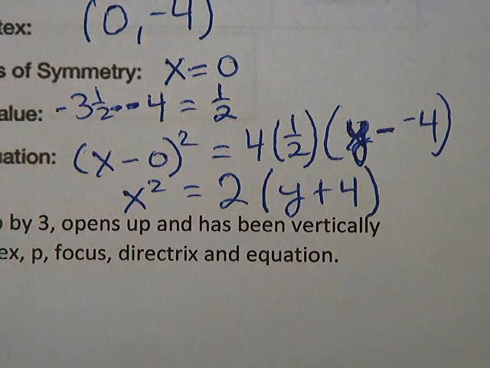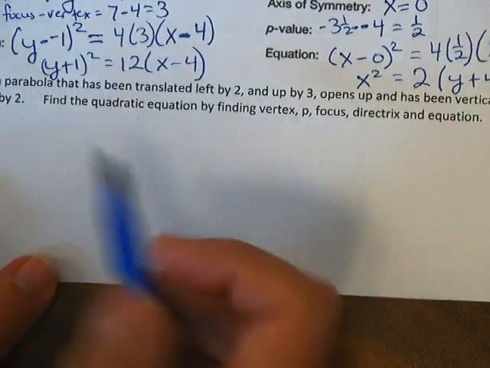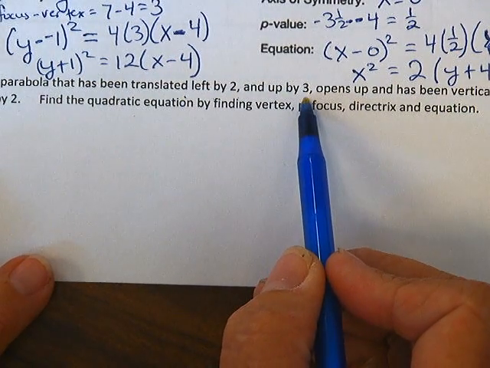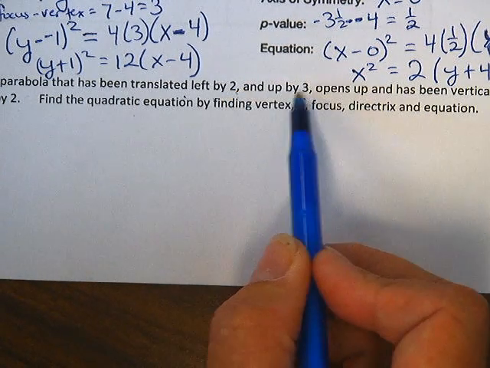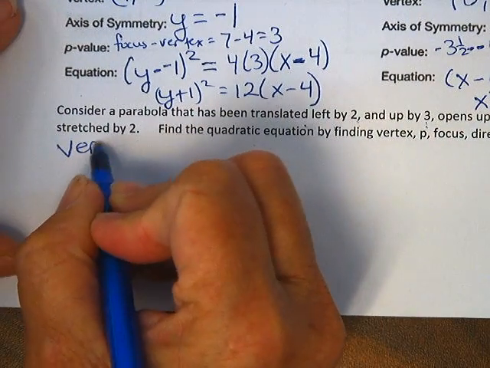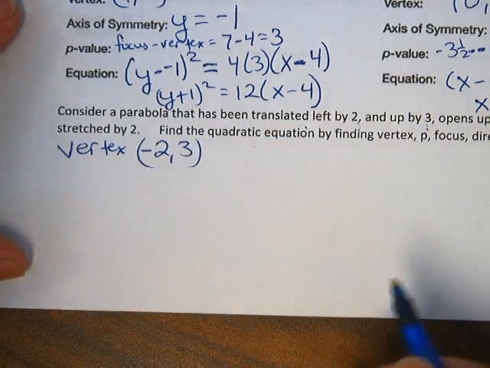Okay, so now we're also given some words. So let's figure out what we know as we read through this. Consider a parabola that's been translated left by 2 and up by 3. So already we know the vertex. It's at -2 because we went left, up by 3. So vertex is (-2, 3).